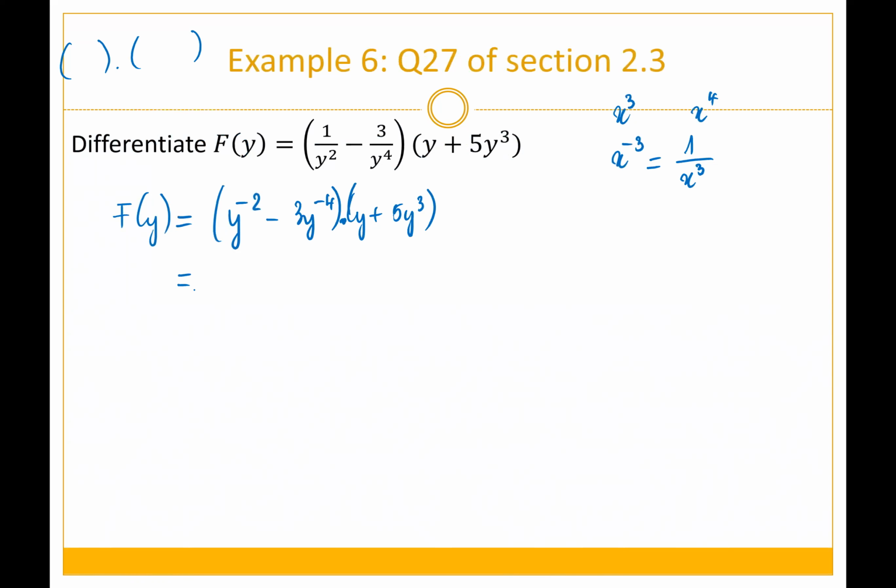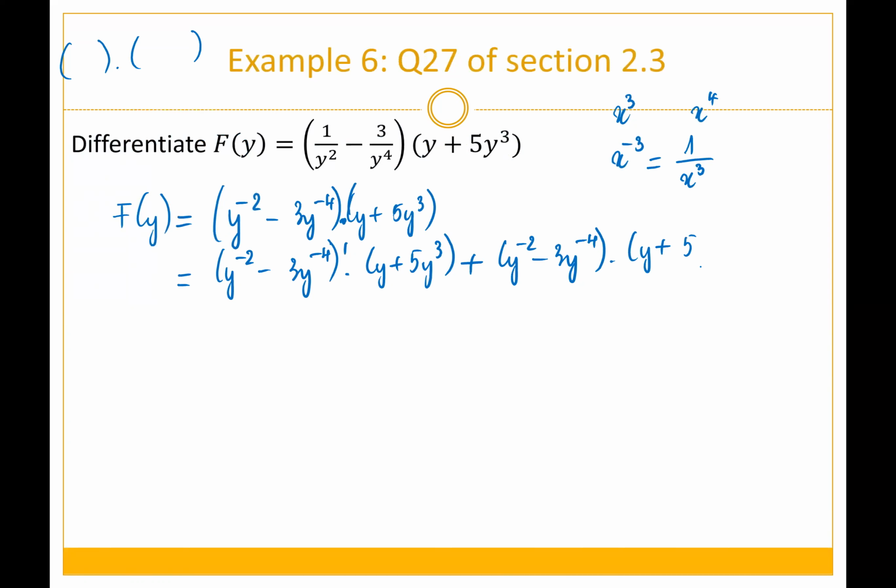We take the derivative of the thing on the left, multiplied by y plus 5y cubed, plus, because it's f prime g plus f g prime, y to the negative 2 minus 3 to the negative 4, multiplied by the derivative of the one on the right.